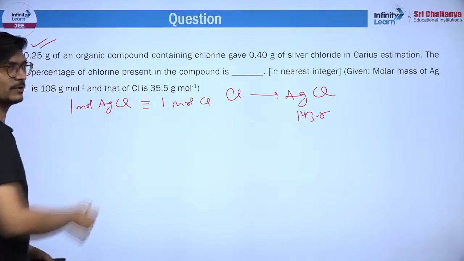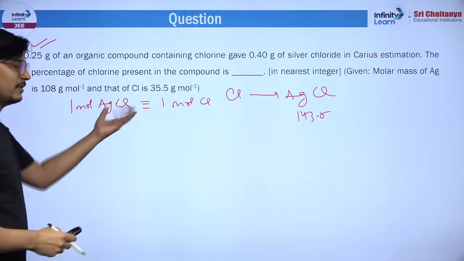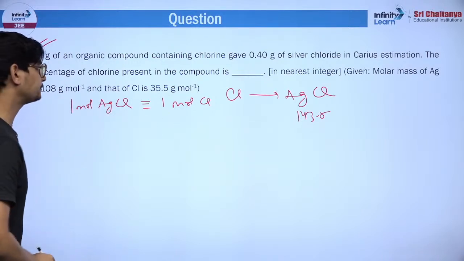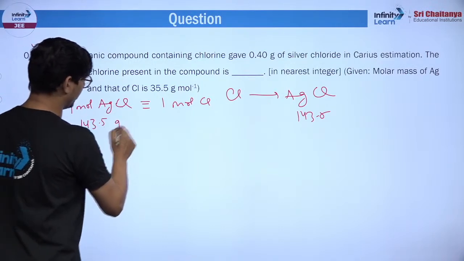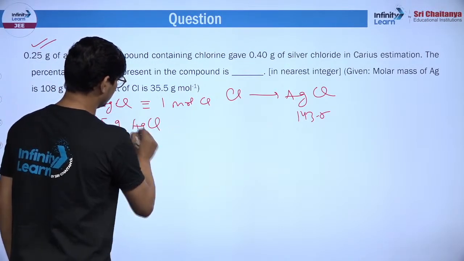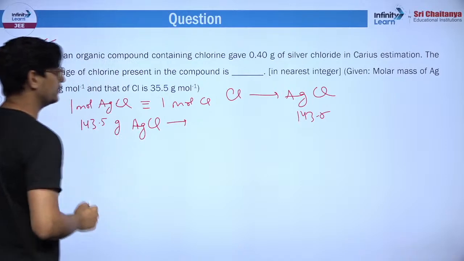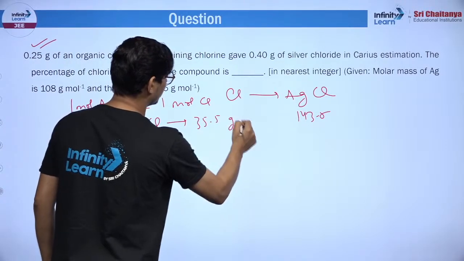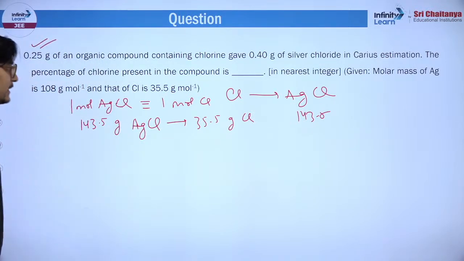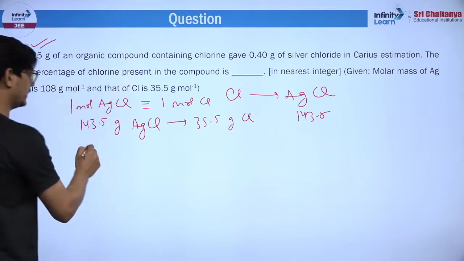Why? Principle of atom conservation, दोनों तरफ 1 1 क्लोरीन है. इसको मास में कन्वर्ट करते हैं. 143.5 ग्राम AgCl will be formed when you have reacted 35.5 ग्राम of chlorine. Absolutely fine. ठीक है, हमारा AgCl कितना बन रहा है?